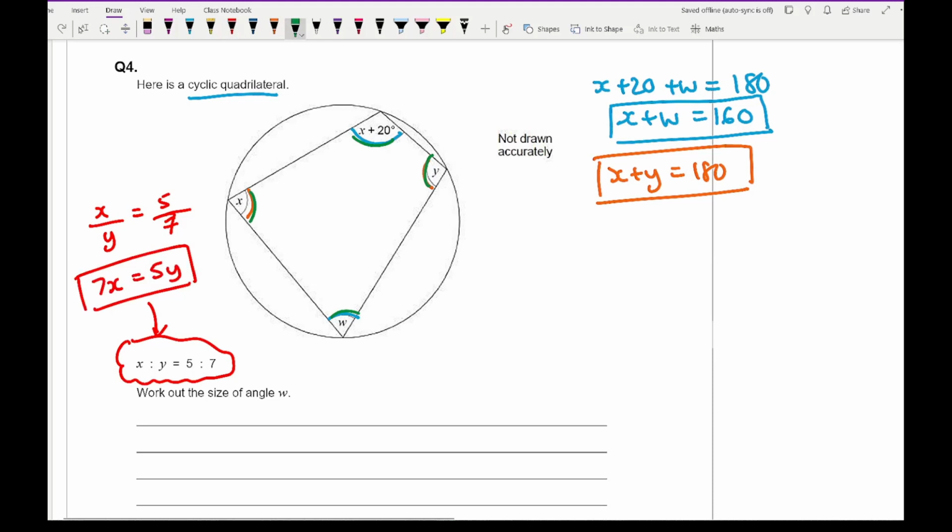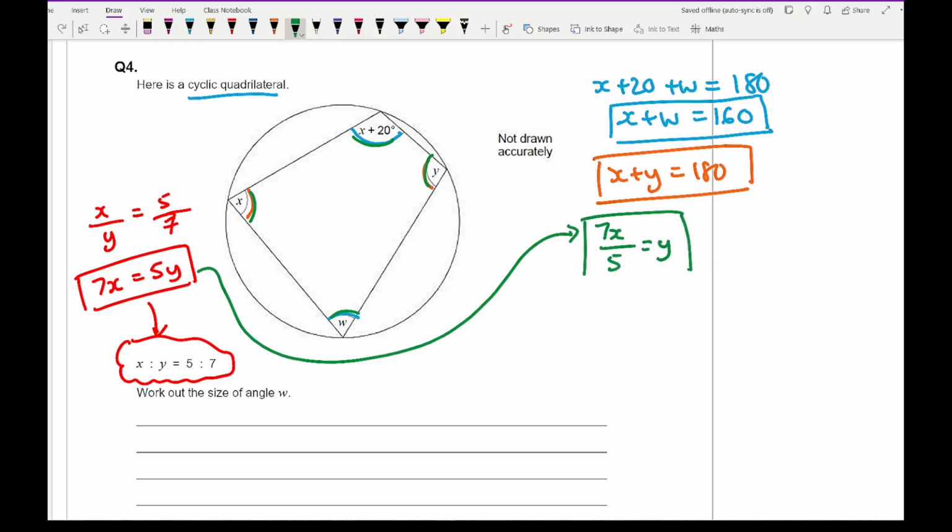Now from this box here, if I make one of the letters the subject, it doesn't really matter which one, so let's go for making y the subject, I end up with 7x over 5 equals y. Now, if I then substitute this into the orange box, I end up with x plus 7x over 5 equals 180.